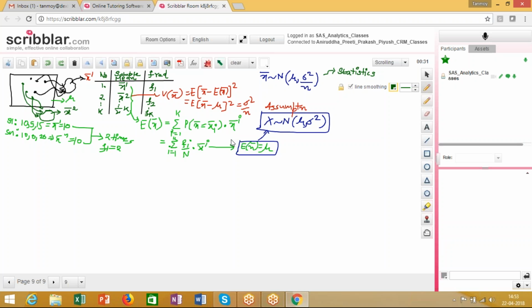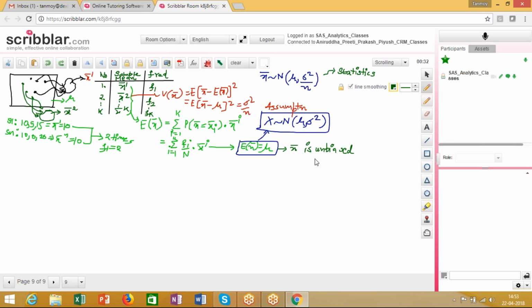But observe one thing. One thing is clearly observed from here: since expectation of x bar is equal to mu, x bar is an unbiased estimator. Right?